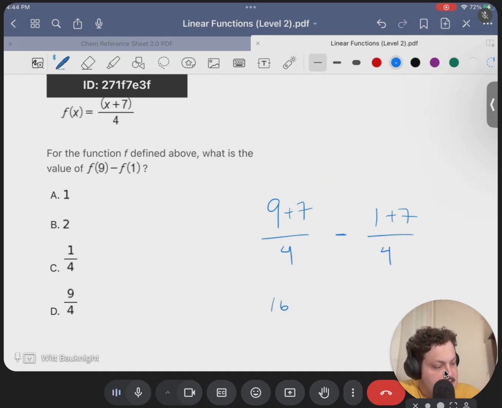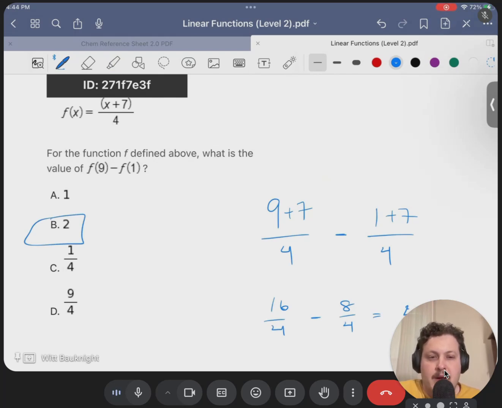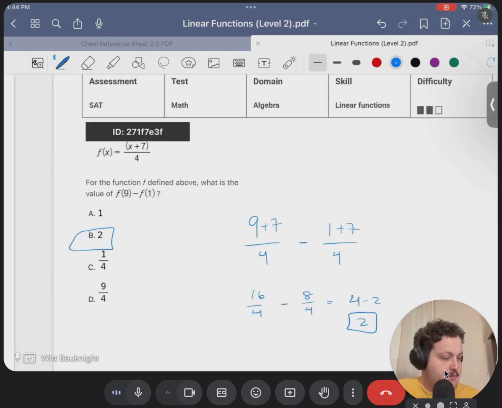That's 16 over 4 minus 8 over 4, which is 4 minus 2. I get 2. Sure, there's an easy way to do that on a TI or Desmos, but going with it.